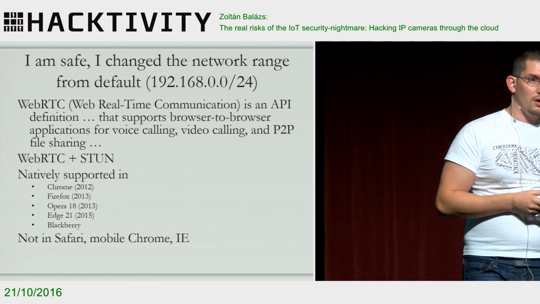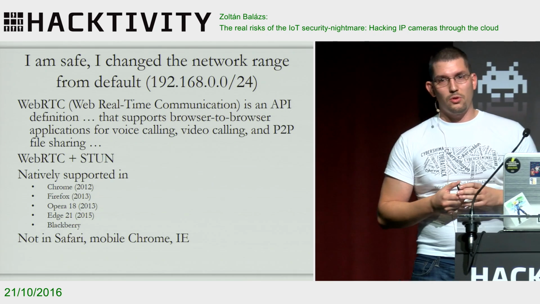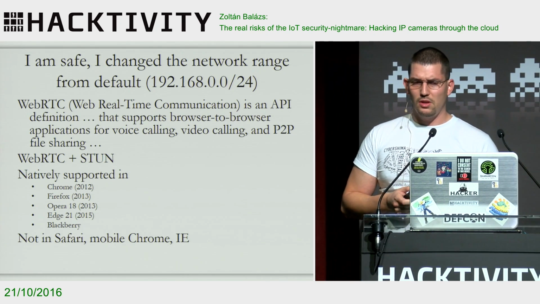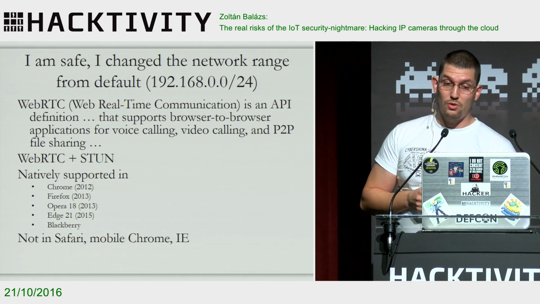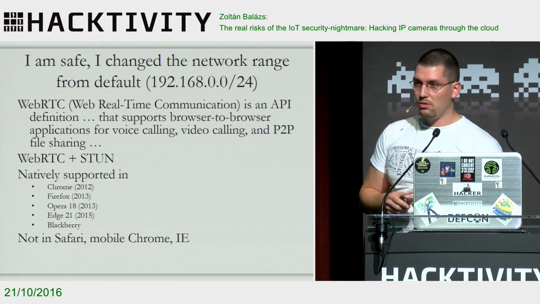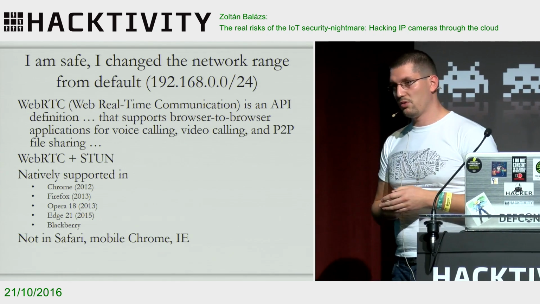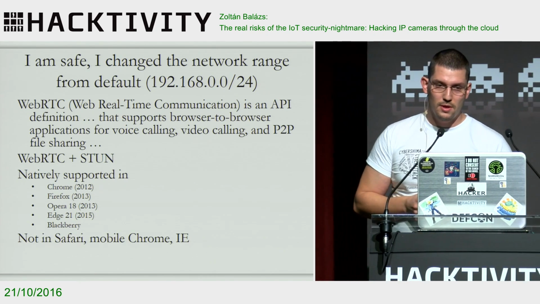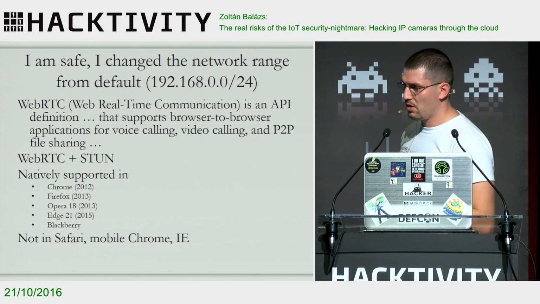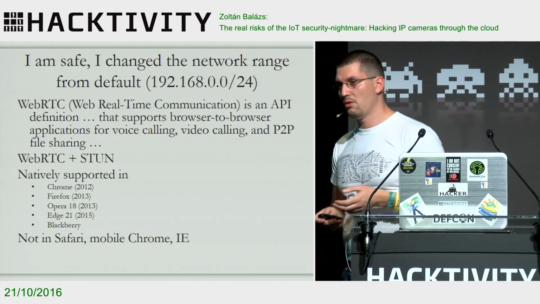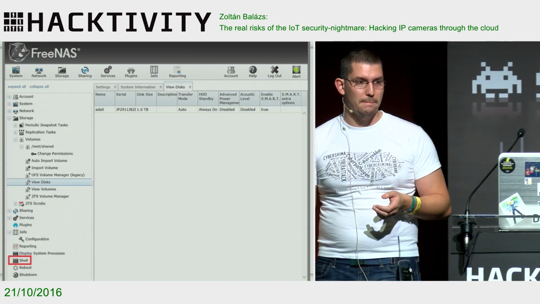This protocol has been supported in Chrome for almost 4 years, and all the other browsers started to support it. Most of the time it's not implemented in mobile browsers, but it is in all of the desktop software.